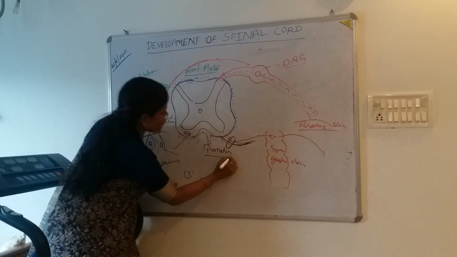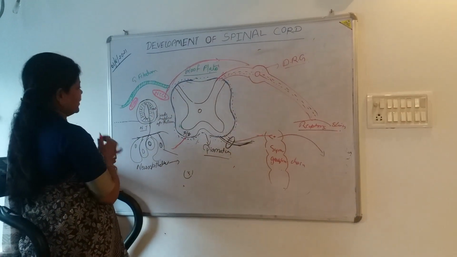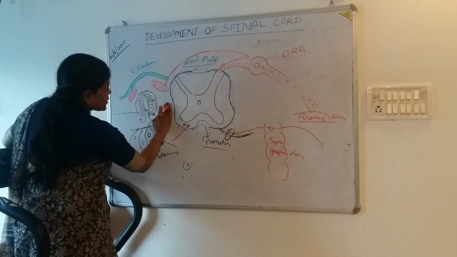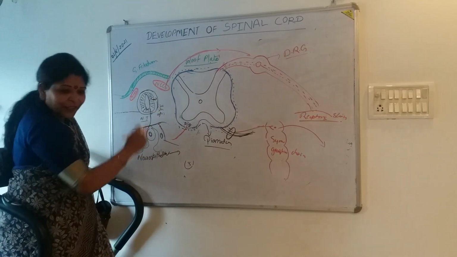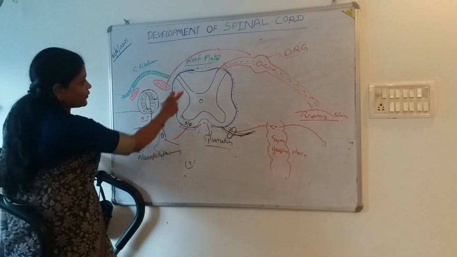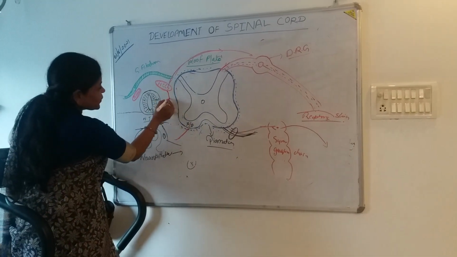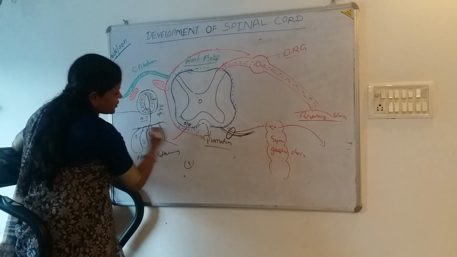So one of the derivatives of the neural crest cells involved in the formation of the spinal cord is the pia matter.